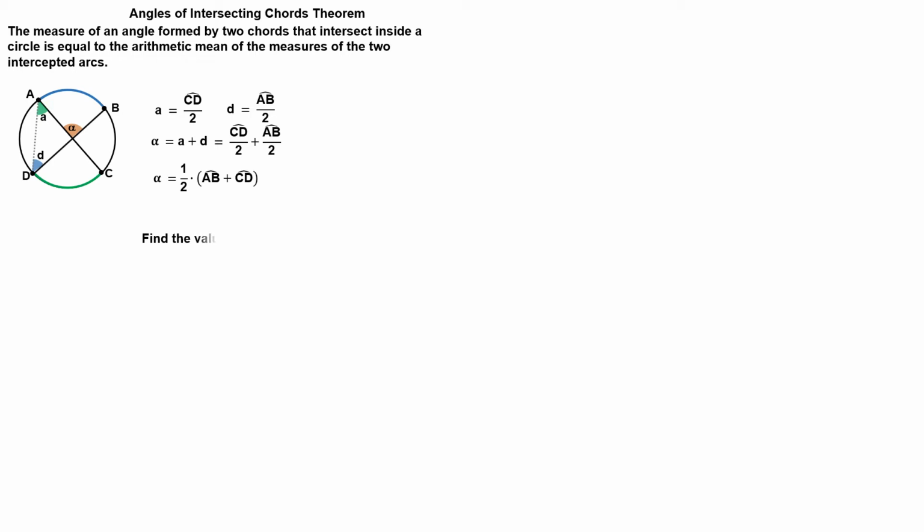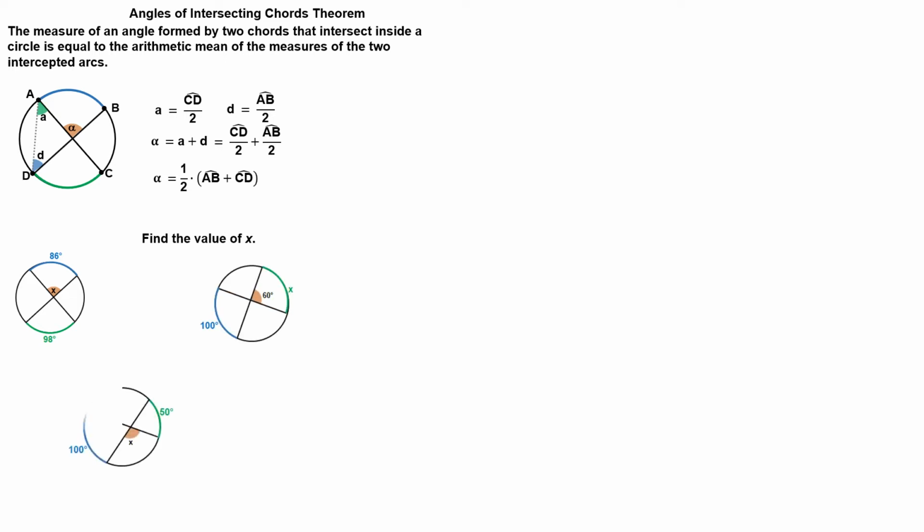Find the value of x. In the first diagram, let's apply the angles of intersecting chords theorem. X equals half the sum of the subtended arcs.